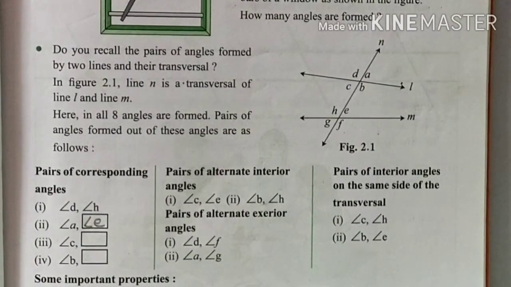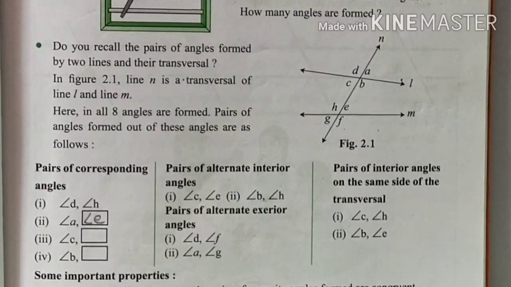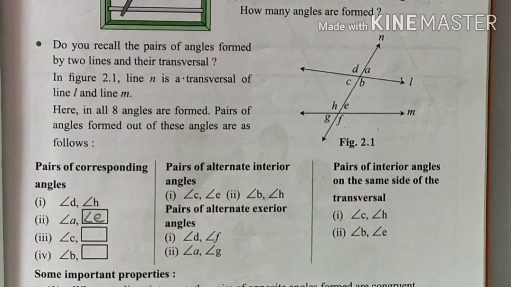Corresponding angles are the angles which are on the same side of the transversal and in the same direction of the lines also.